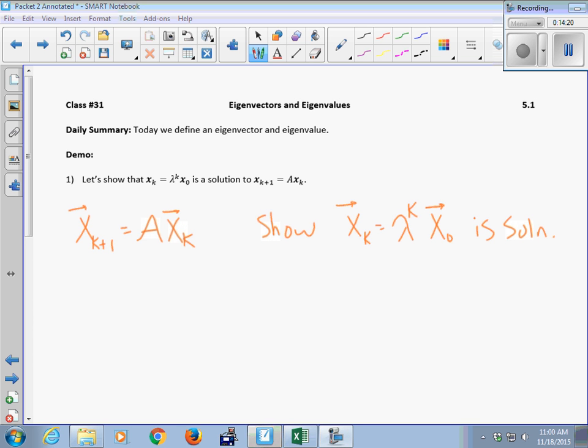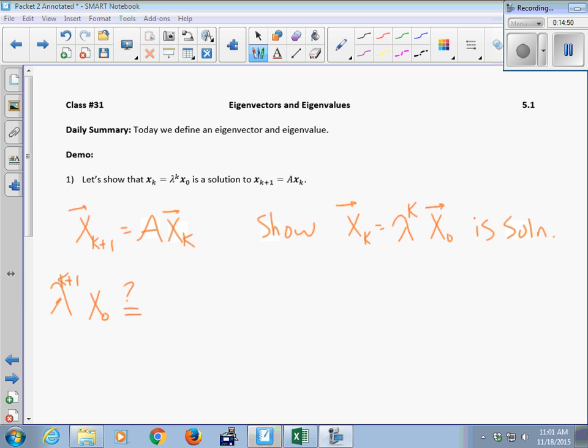Okay, so if x^k is λ^k x_0, what's x^(k+1)? Yeah, so x_k is λ^k times x_0. So x_(k+1) would have to be λ^(k+1) x_0. Just replace the k with a k+1. All right, does that equal A x^k?